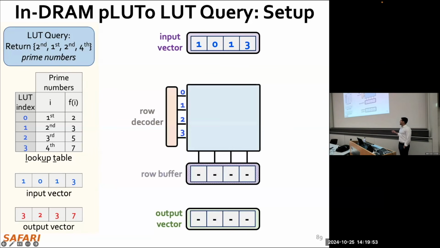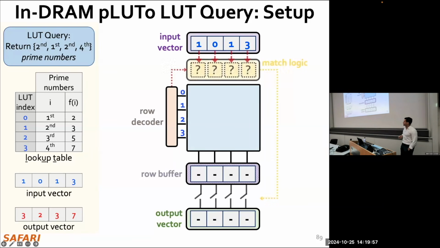Then we are going to have the DRAM subarray which is going to store this lookup table, and we are going to append the DRAM bank with some matching logic, which is going to compare the row ID that I'm currently accessing, so row 0, 1, 2, or 3, with the inputs of the input vector.